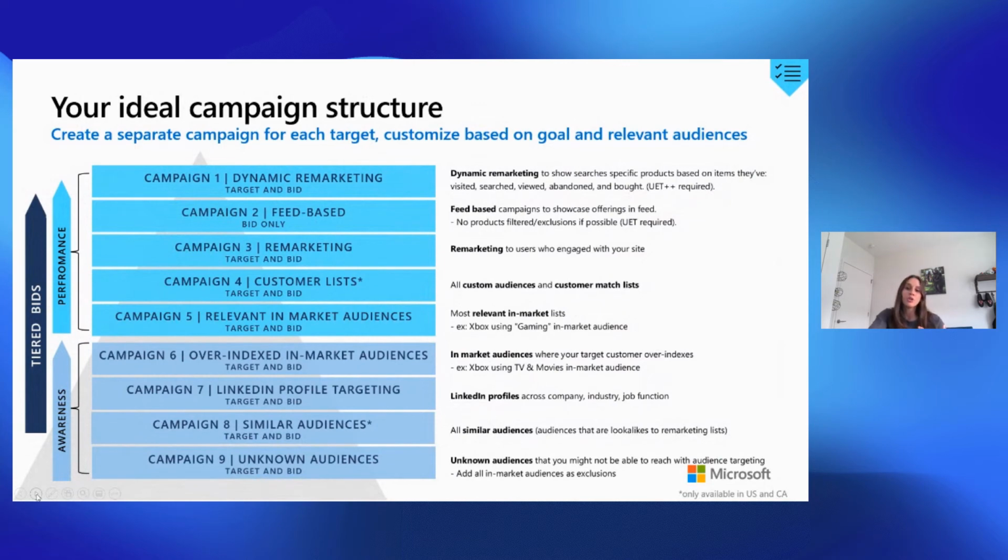You will want to use the target and bid strategy for all campaigns except feed-based, where you will use bid only. Essentially, target and bid only shows ads to users within the desired audience target, and you could use bid modifiers to bid up or down depending on preference and priority. And you'll use bid only when you want to bid higher for users within a segment without limiting reach.